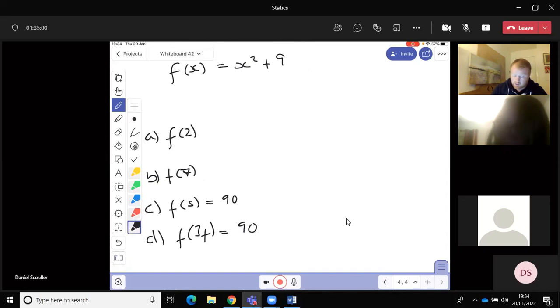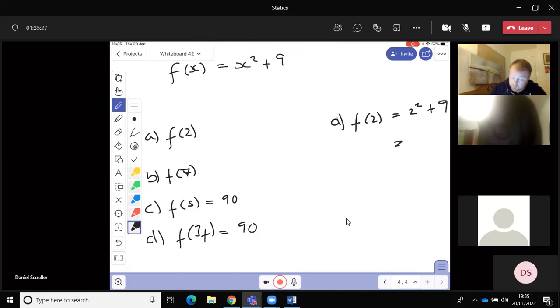I'm just going to run through those examples. Shouldn't cause us too much of a problem. All of these will use that expression. So A, f(2) equals 2 squared plus 9.